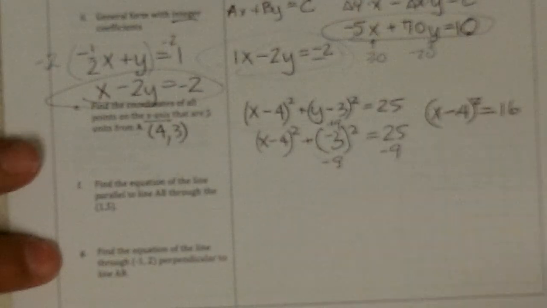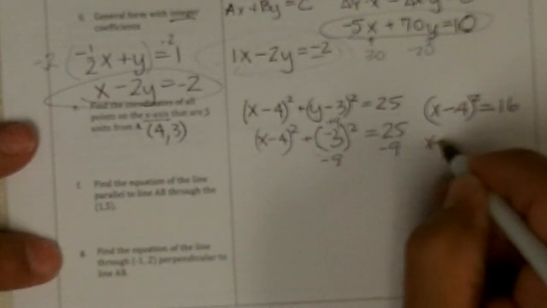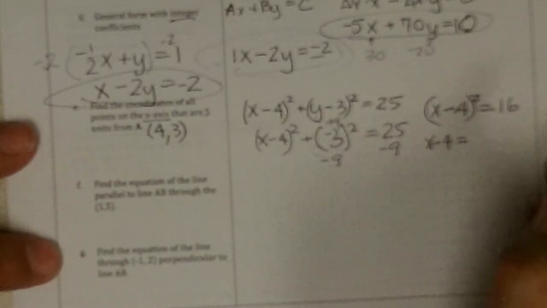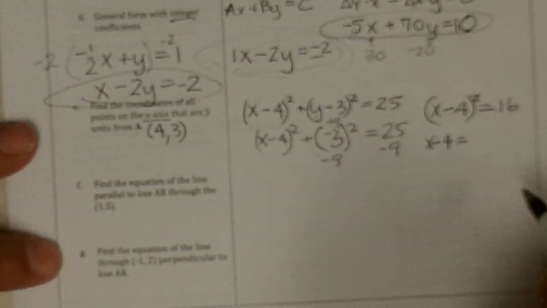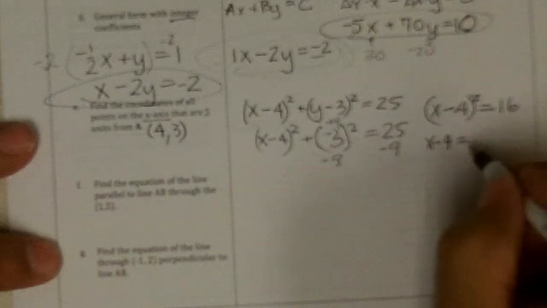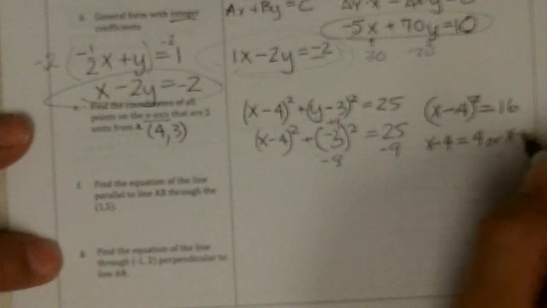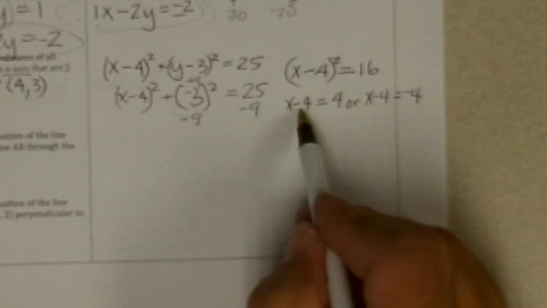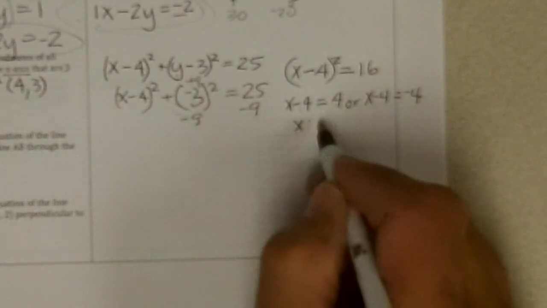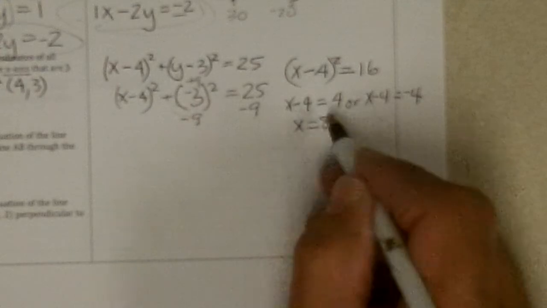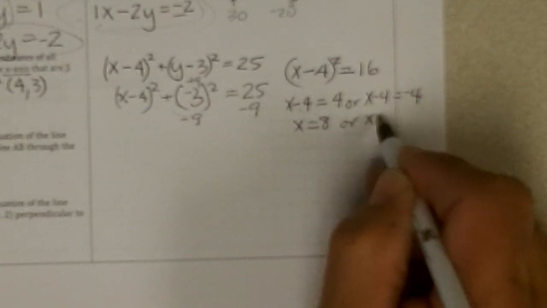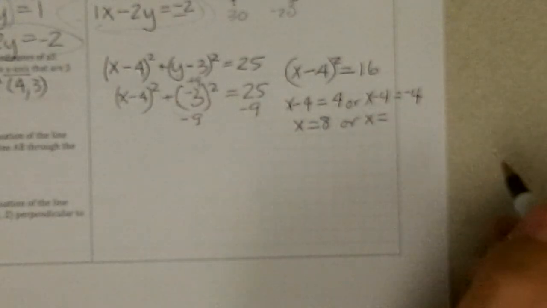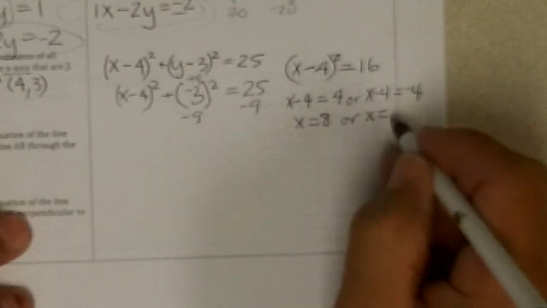To get rid of the square, I take the square root and I get x minus 4 has to be the square root of 16, which is either 4 or negative 4. And so I add 4 to both sides, and I get x equals 8, or x equals 0.